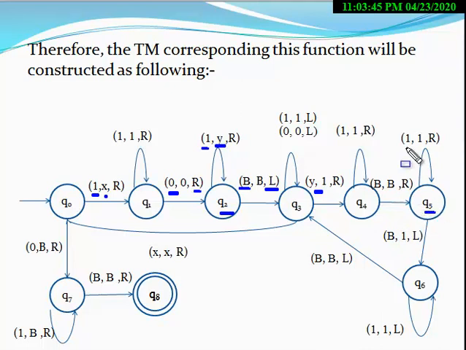At the Q5 state, when 1 appears, the machine only moves in the right direction. According to this rule, the machine only moves in the right direction. As soon as the blank symbol appears, it goes from Q5 to Q6 state, and the blank is converted into 1 and the machine moves in the left direction.